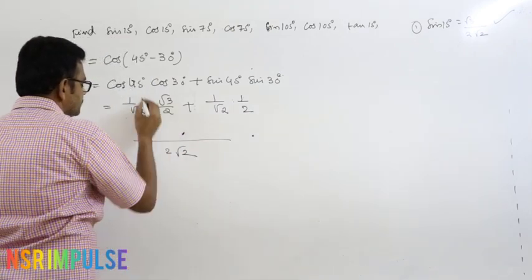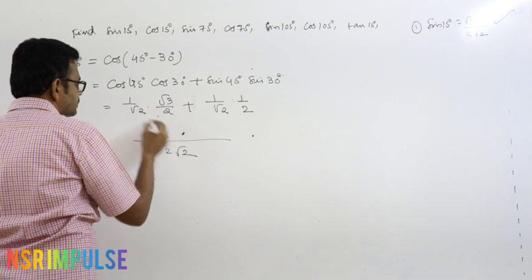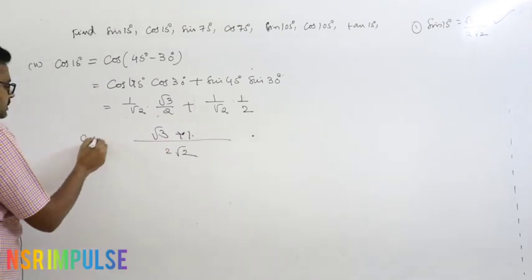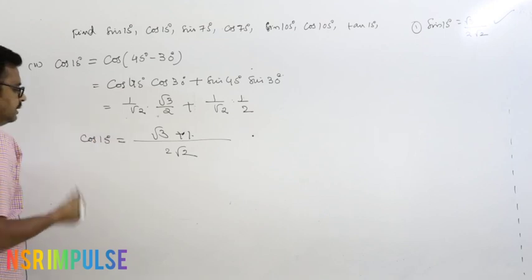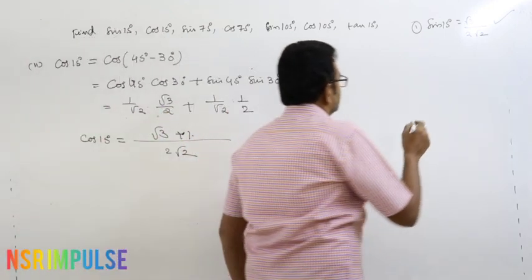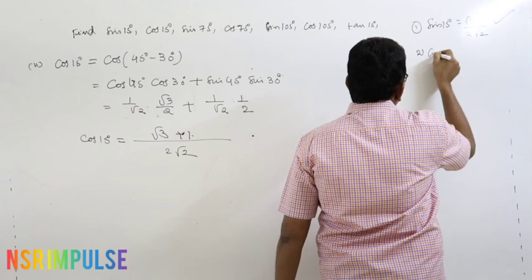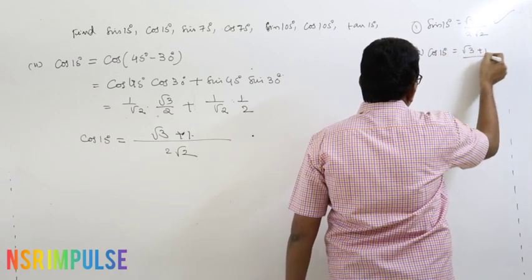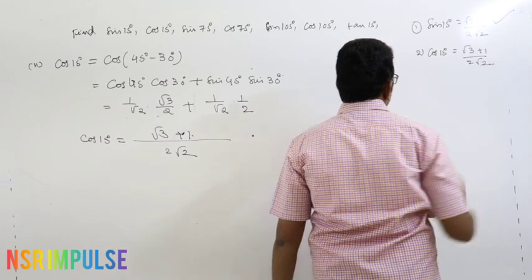So this is root 3 plus 1. So cos 15 degrees equals root 3 plus 1 by 2 root 2.